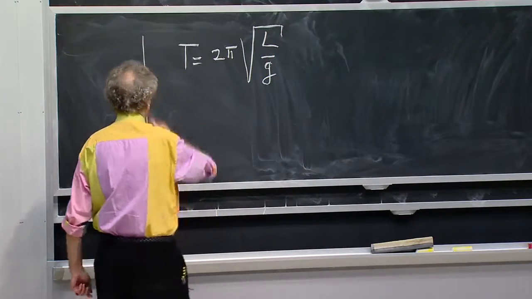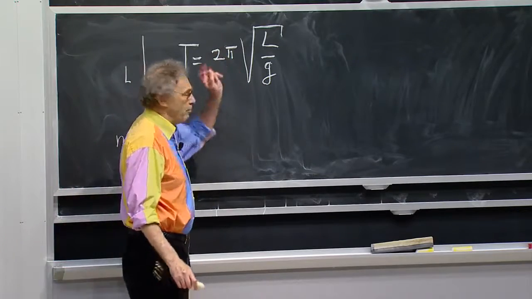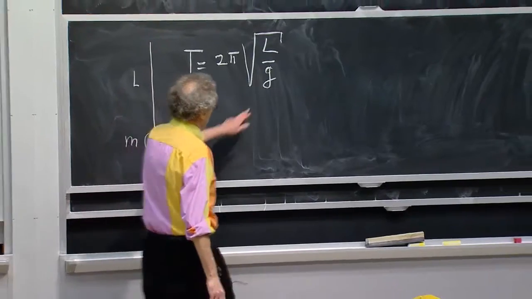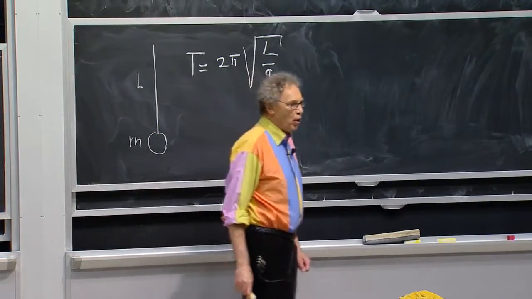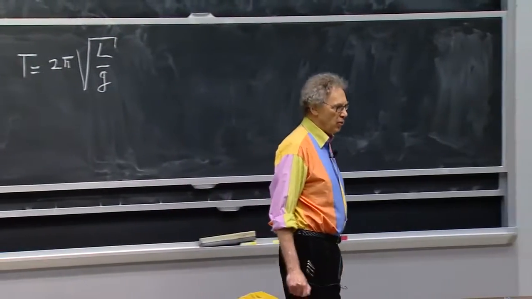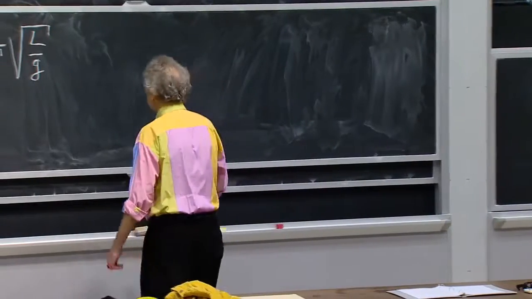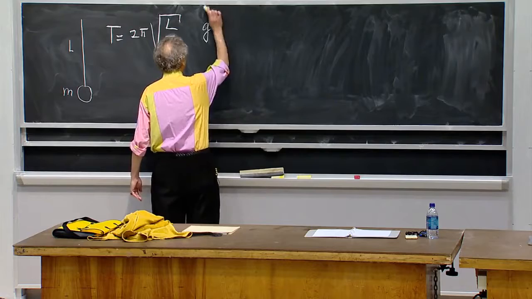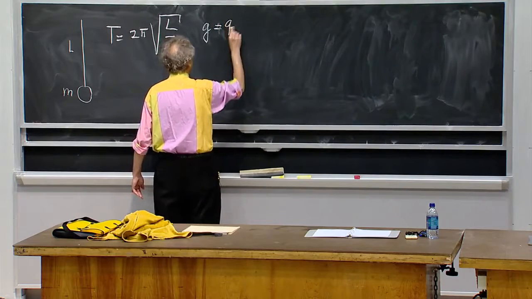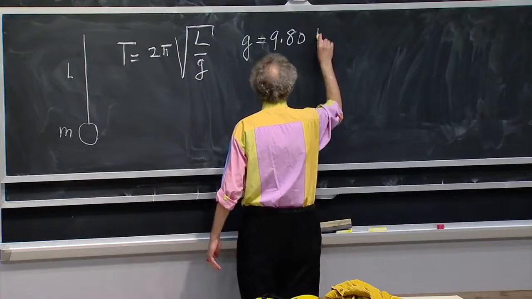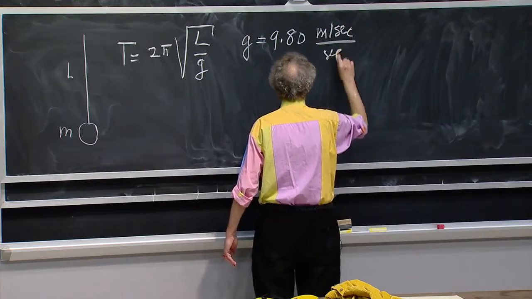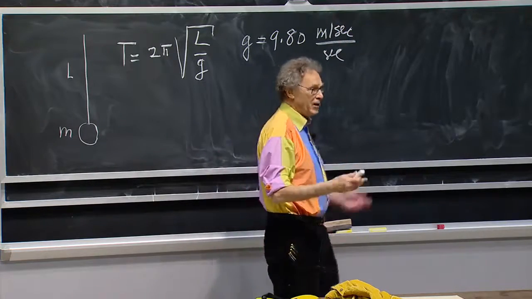You already know what L is. If you don't know what pi is, you might as well leave right now. And g is what we call the gravitational acceleration, which is approximately the same everywhere on Earth, but it is very close in Boston to 9.80 meters per second per second. And you will say, well, that's weird, meters per second per second.